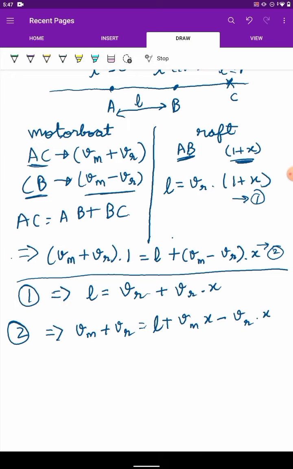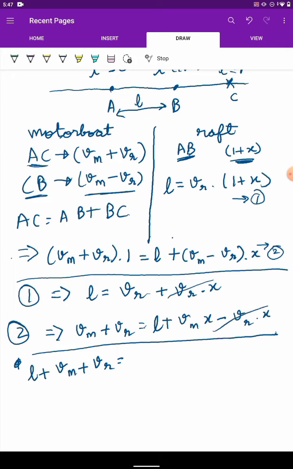If I just add the LHS and the RHS of these two, L and L cancel out, Vr and Vr cancel out.